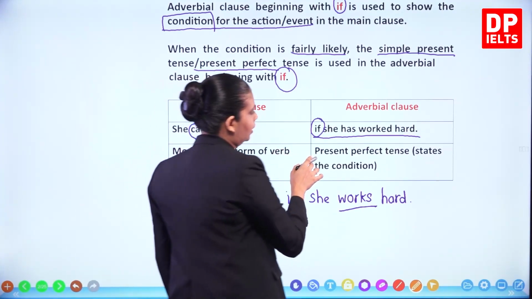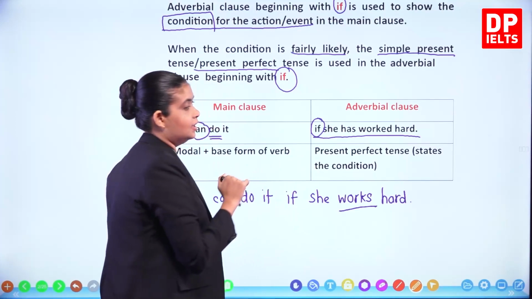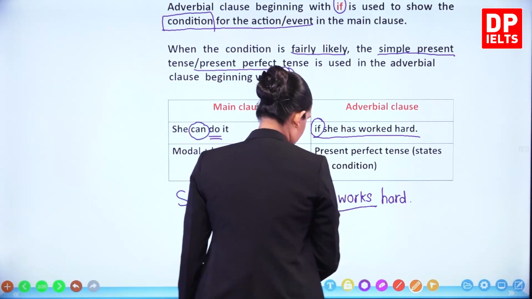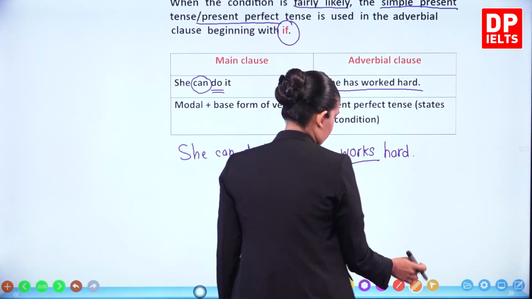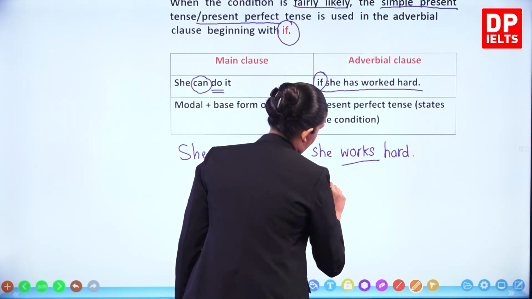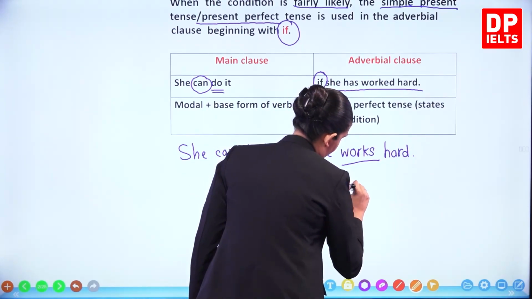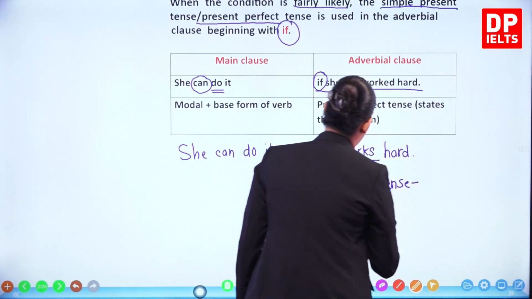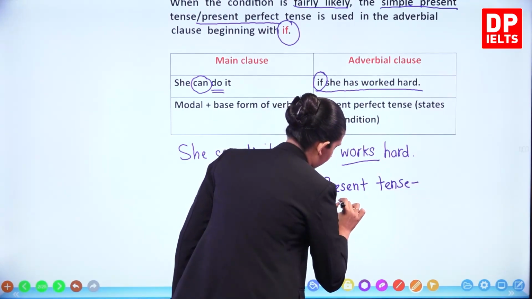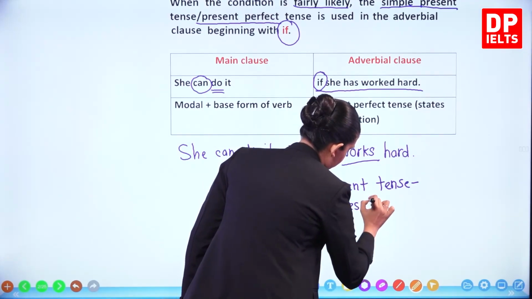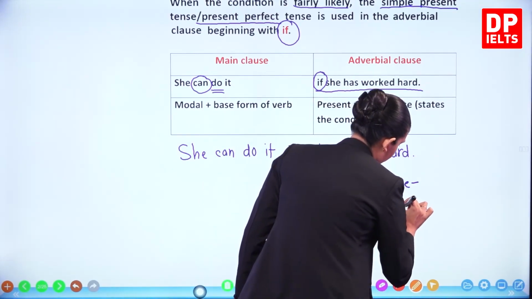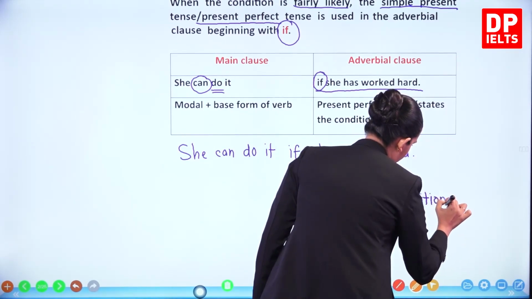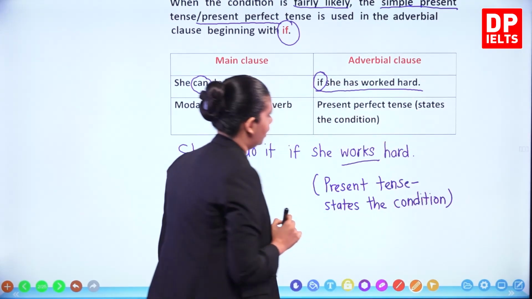And then here the present perfect tense states the condition, or you could even use the present tense to state the condition, right?